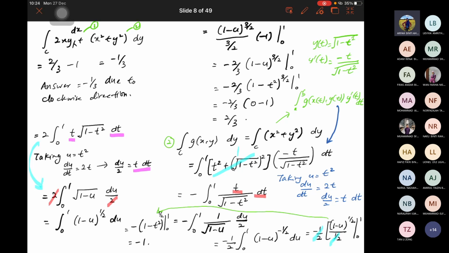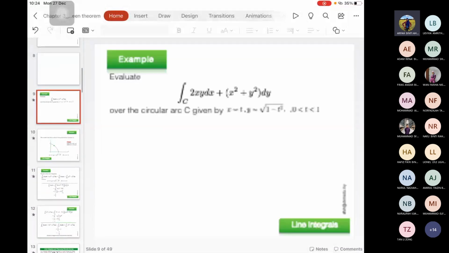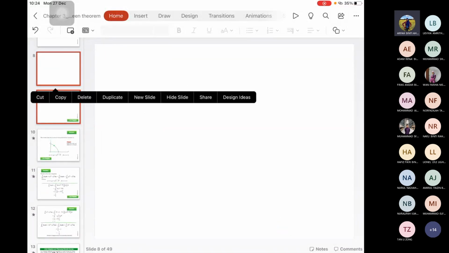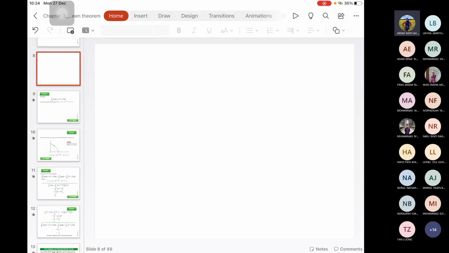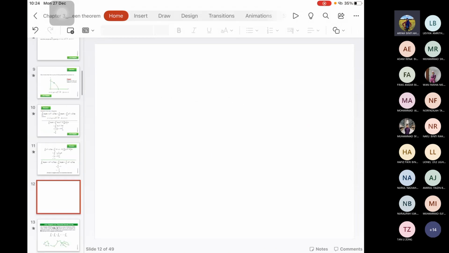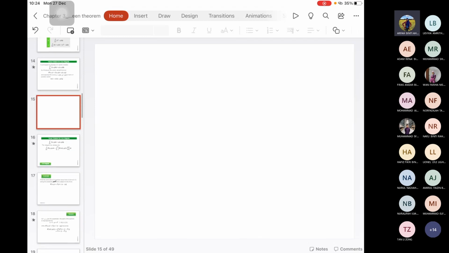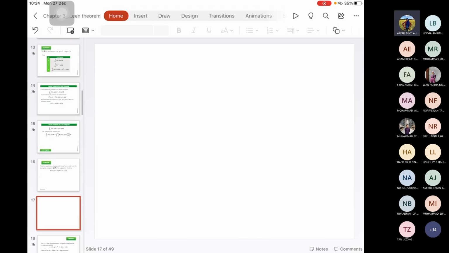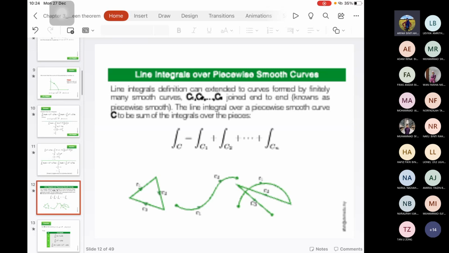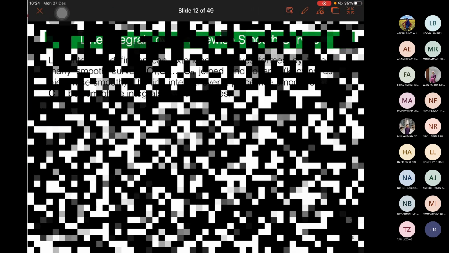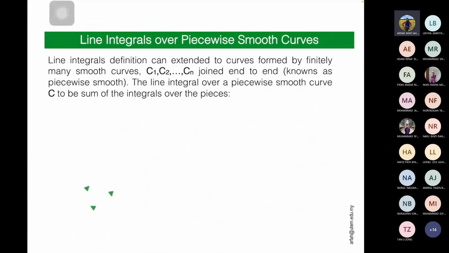Okay, kita tengok kepada the next one. Okay, so line integral over piecewise smooth curve.